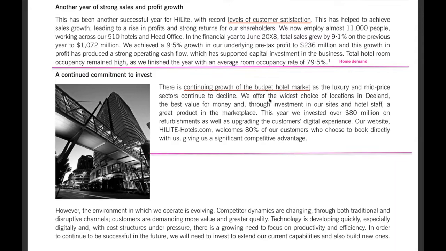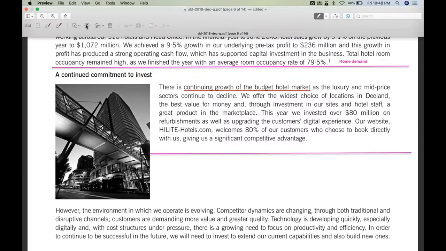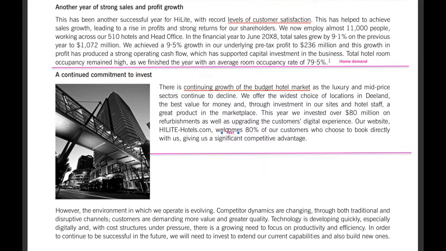We offer the widest choice of location in D-land, the best value for money and true investment in our sites, all right, and hotel staff, okay, a great product in the marketplace. So basically this talks about what, firm strategy just now. Okay, this one talks about firm. Okay, you can use this for firm.